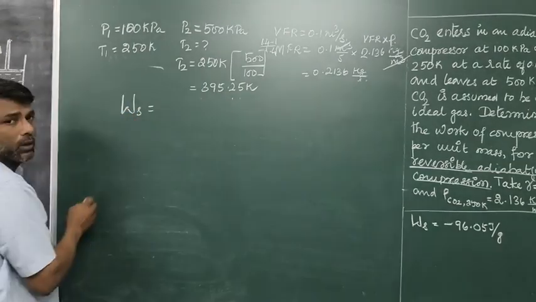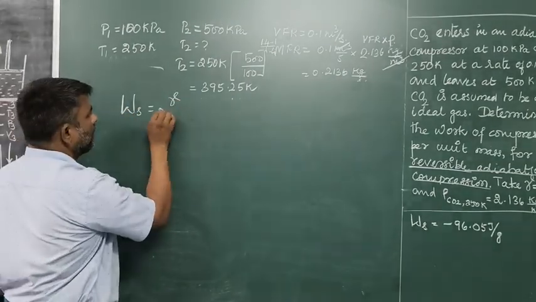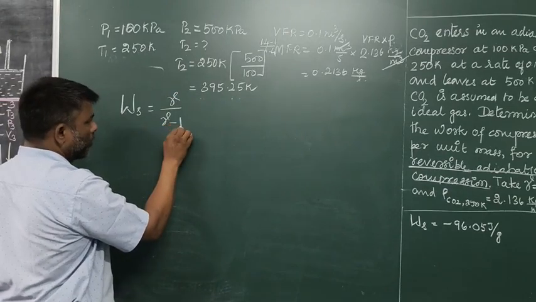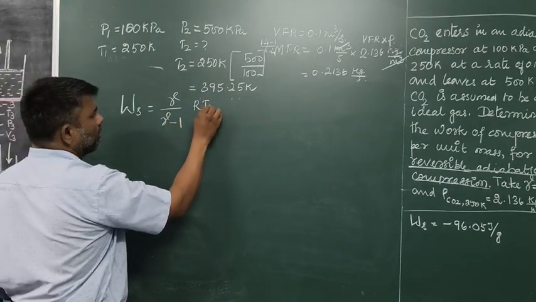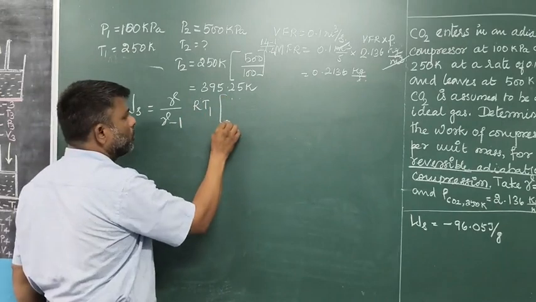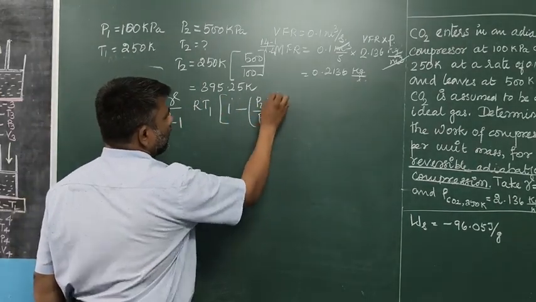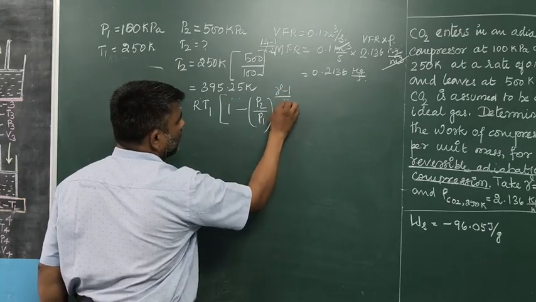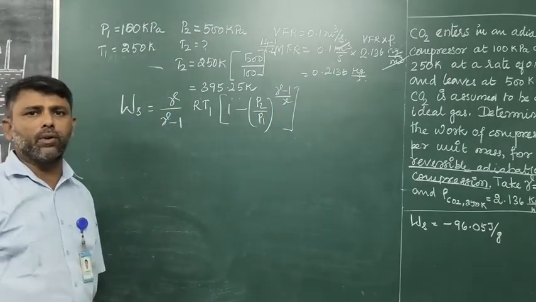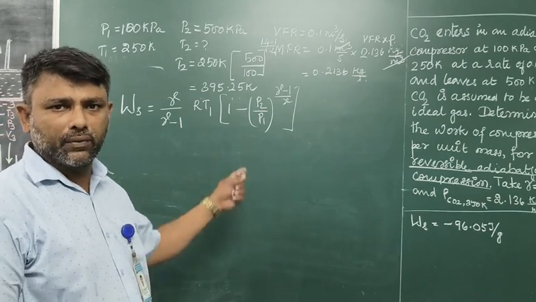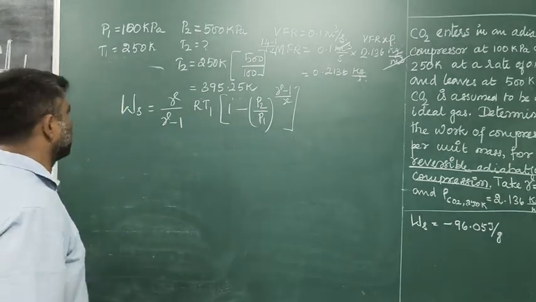Ws is equal to gamma divided by gamma minus 1 into RT1 into 1 minus P2 divided by P1 to the power gamma minus 1 divided by gamma. This is the next equation to estimate the shaft work or isentropic work, method 2.